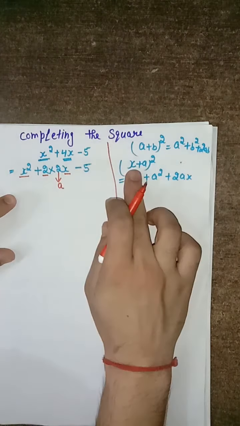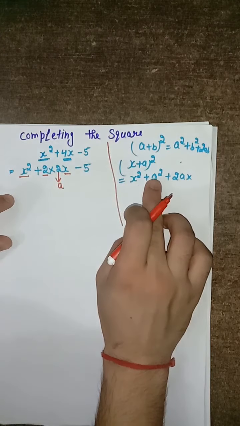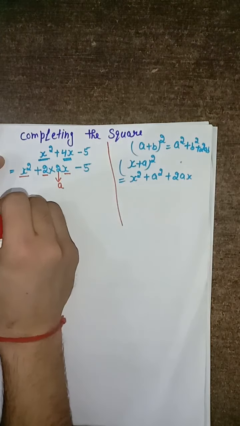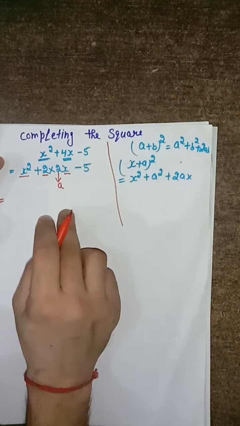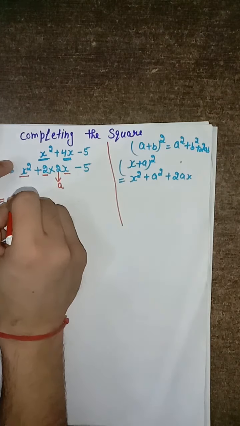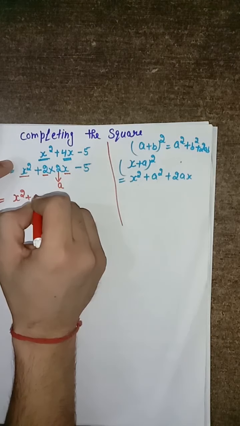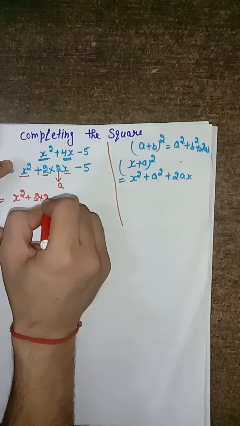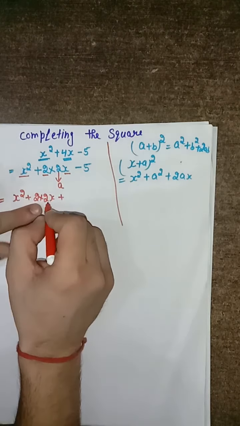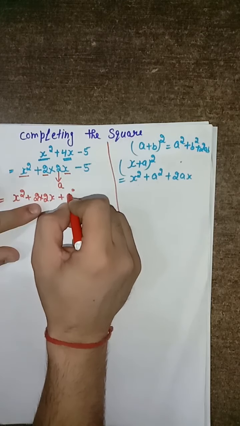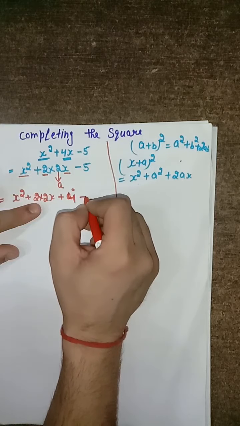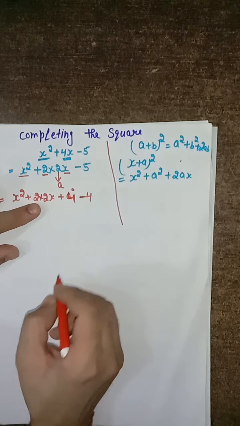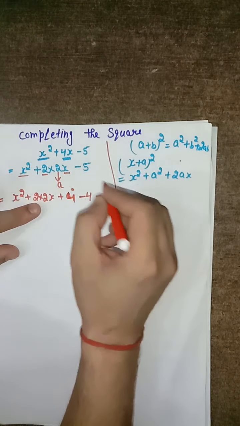And to make it perfect square, I need a square. So simply add square of this a and subtract square of this a. Means x square plus 2 into 2x plus square of a, that is 4, means 2 square is equals 4, and subtract this minus 5.